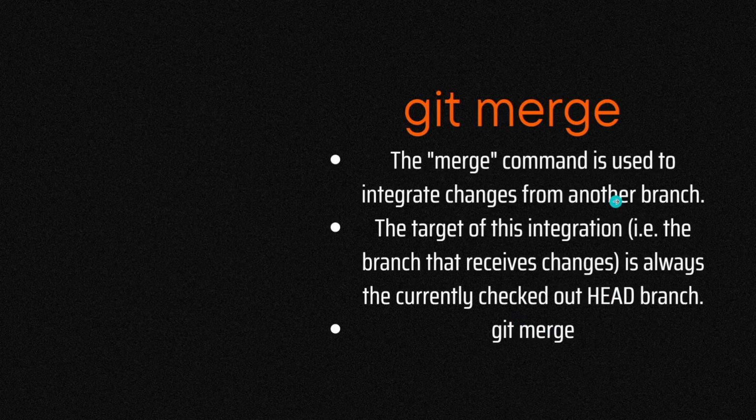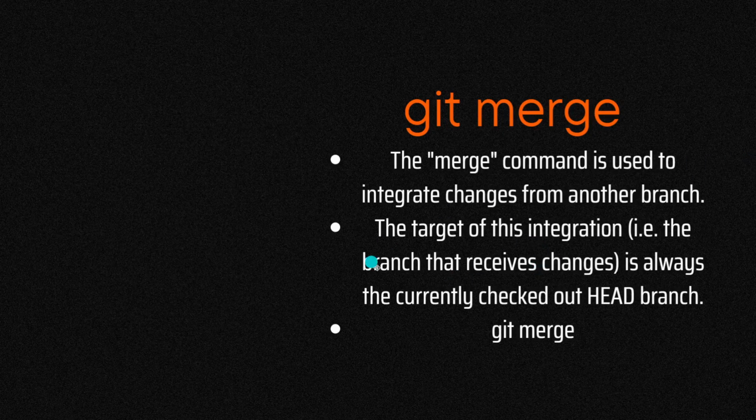So as I mentioned, after your pull request is approved, then we can merge the modifications. Basically, you integrate those changes from another branch, like homepage. I can merge the homepage branch to the main branch.